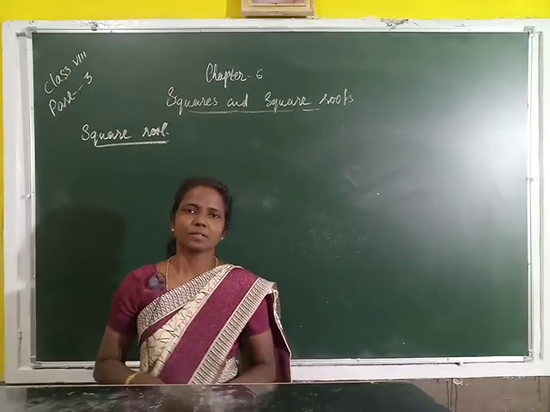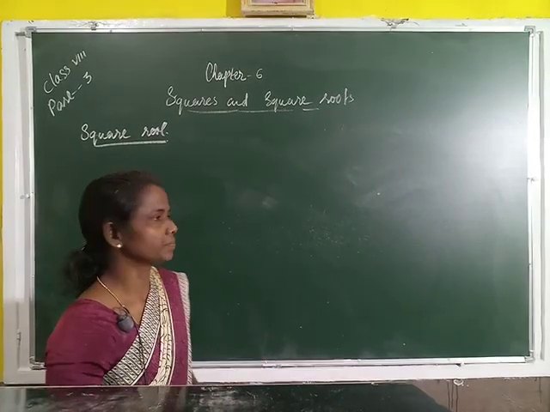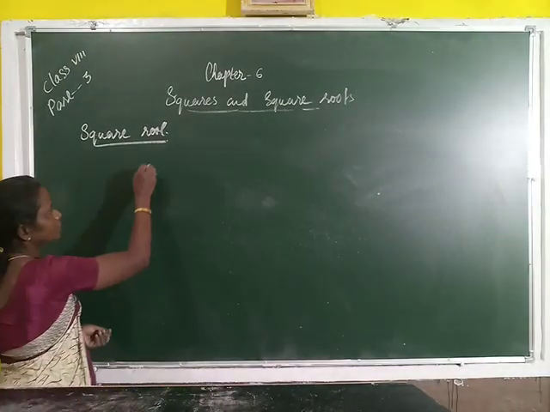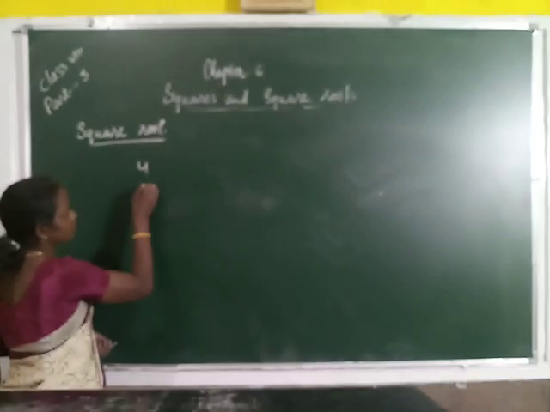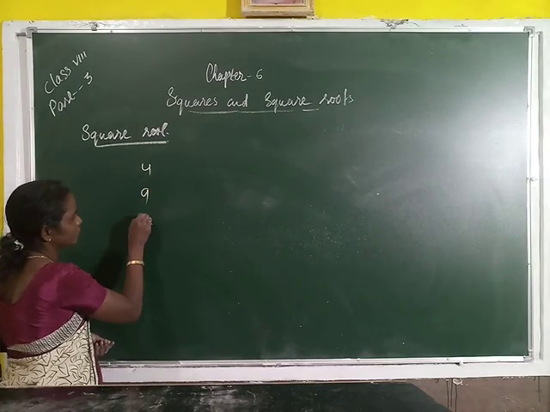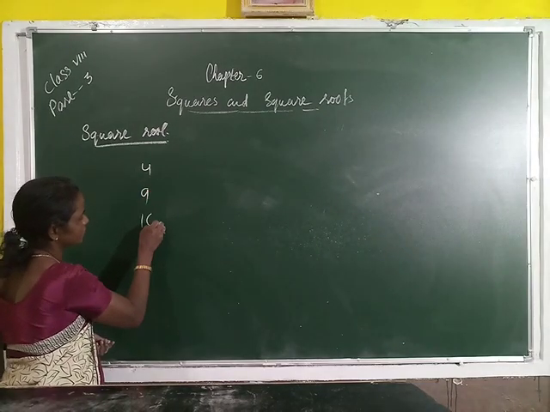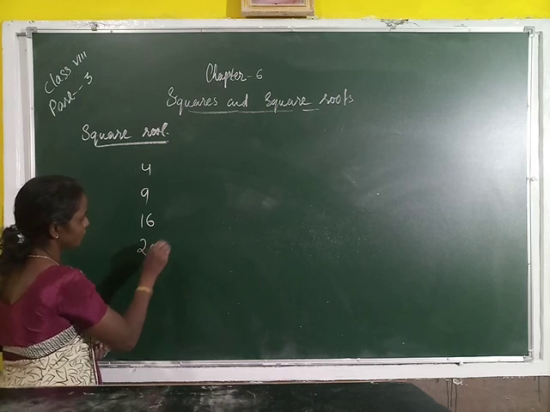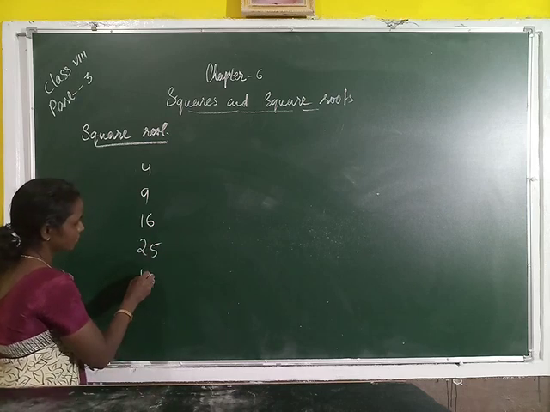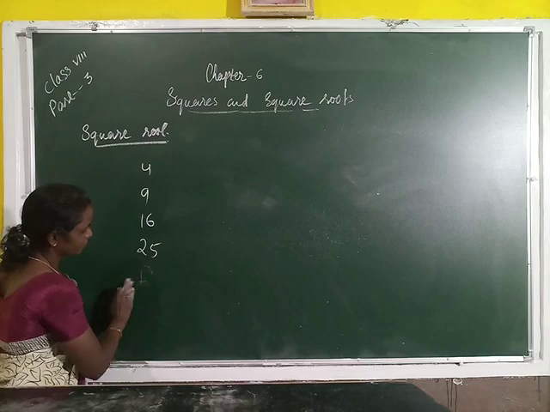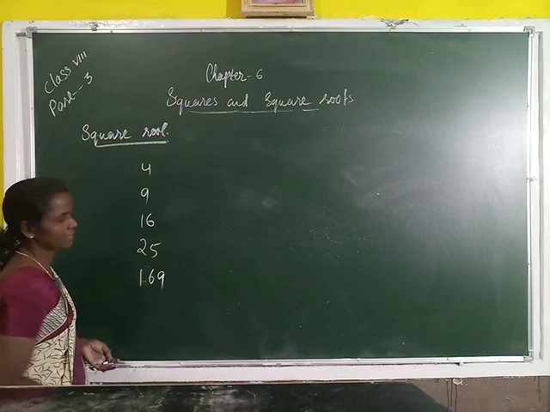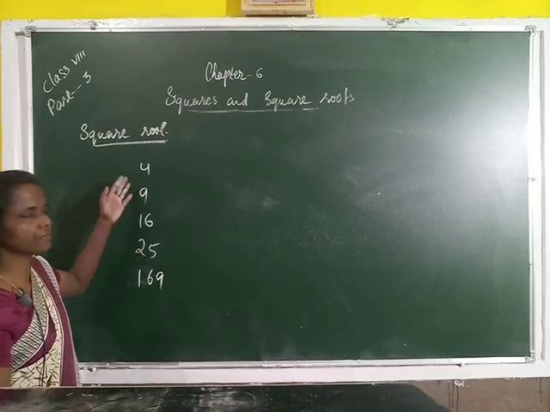Next topic is square root. Here 4, 9, 16, 25, 169. These numbers are which type of numbers?